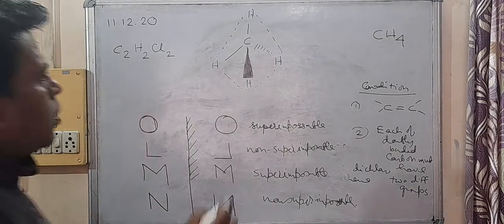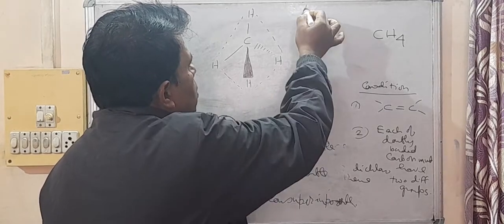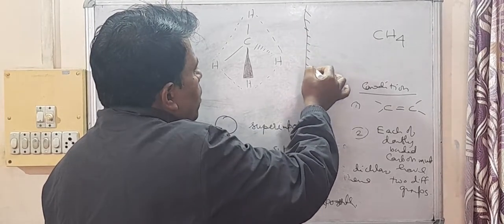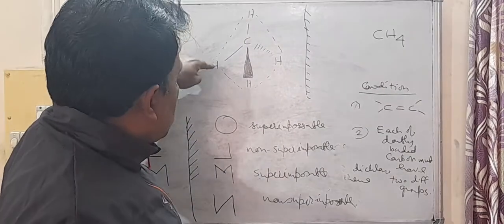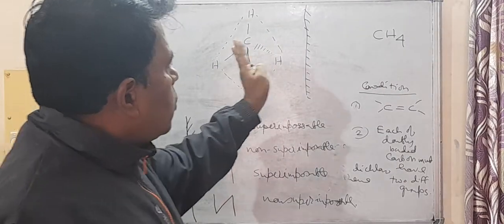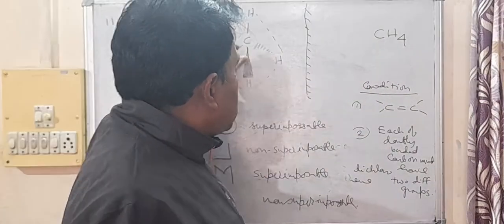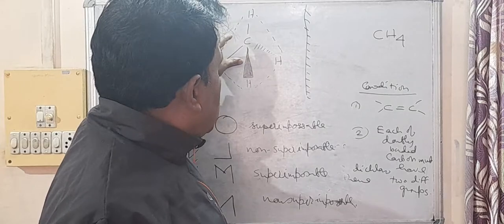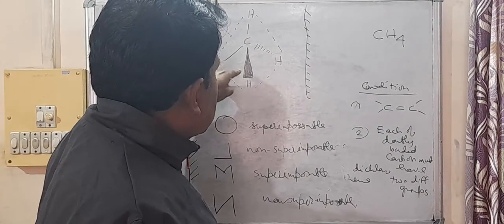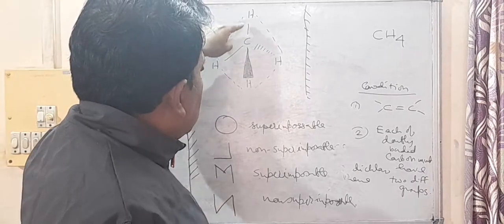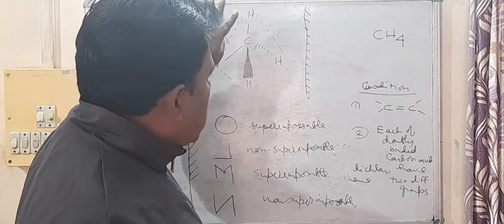Now suppose this molecule and suppose this is a plane mirror. Now here all the groups attached are the same. You see this is a three-dimensional object. It means that this carbon is on the plane of the board.